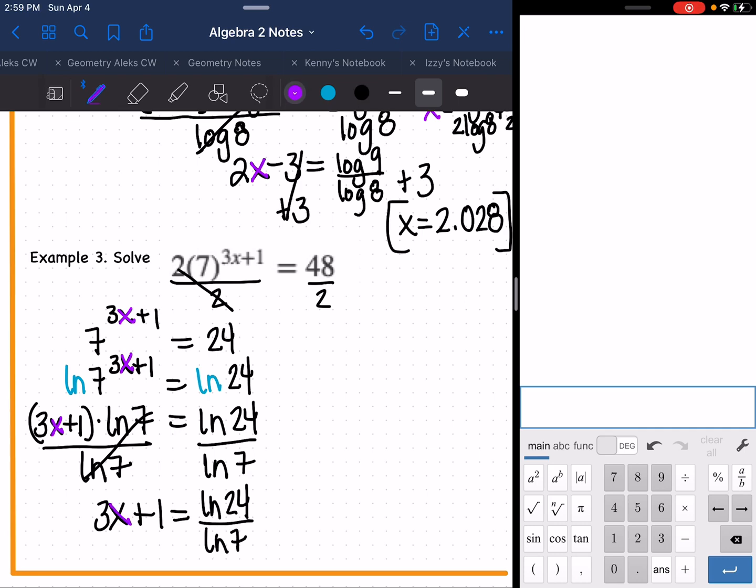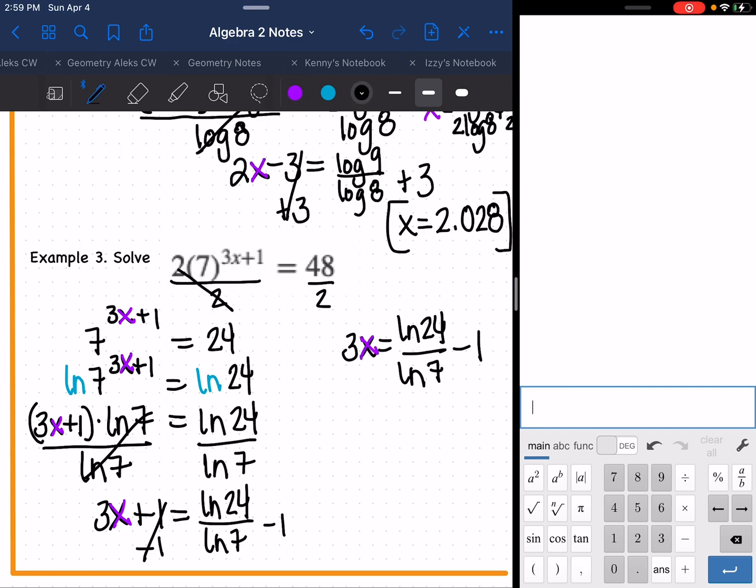All right, just like in the last one, my x is not alone, so I'm going to have to go ahead and move the 1 by subtraction and then divide by 3. So I'm going to subtract the 1. I end up with 3x equals the natural log of 24 divided by the natural log of 7 minus 1.